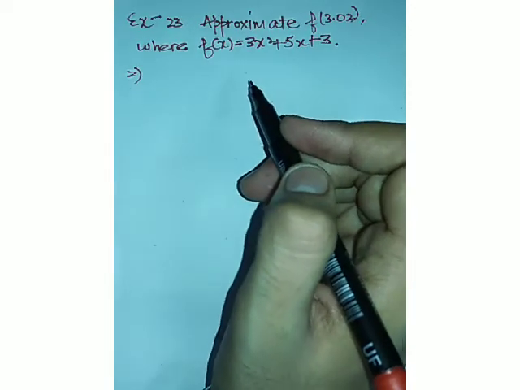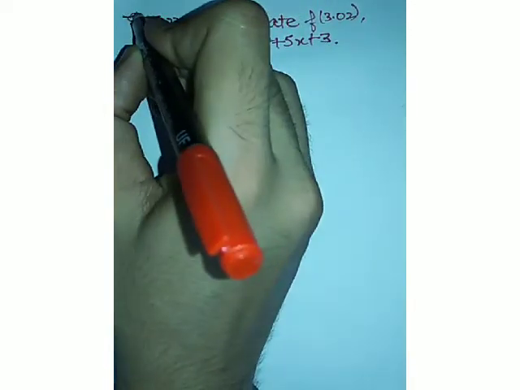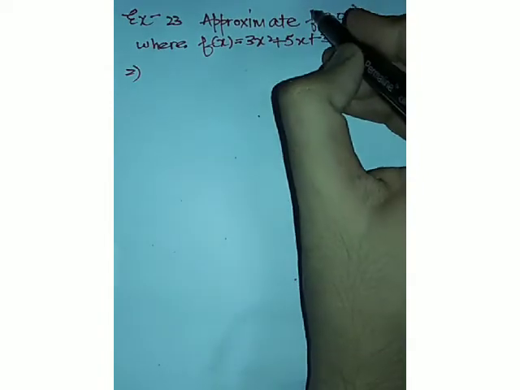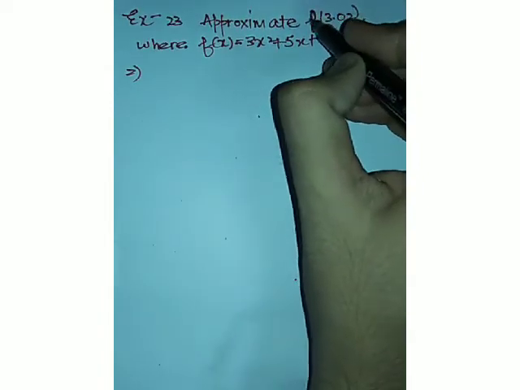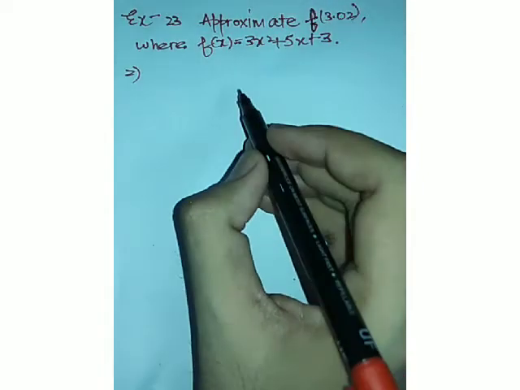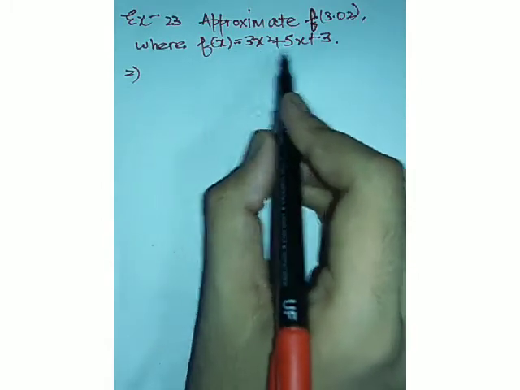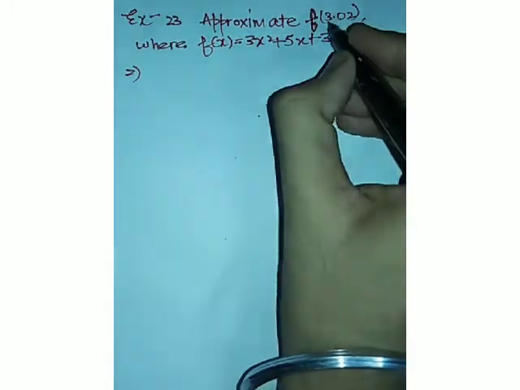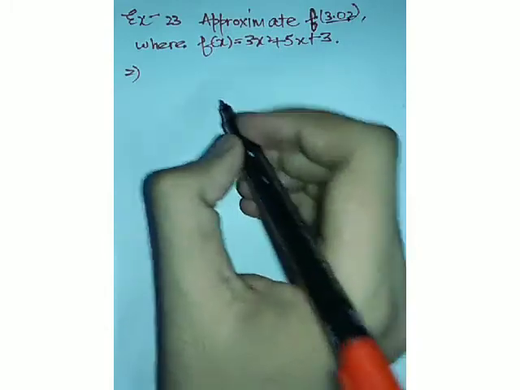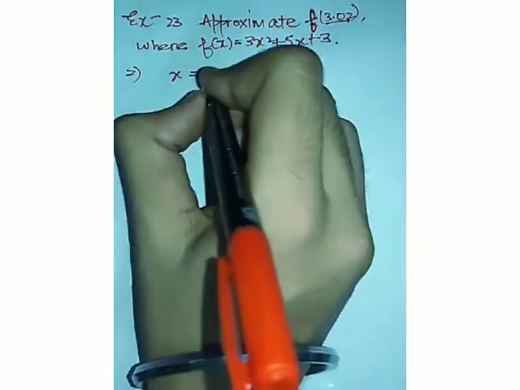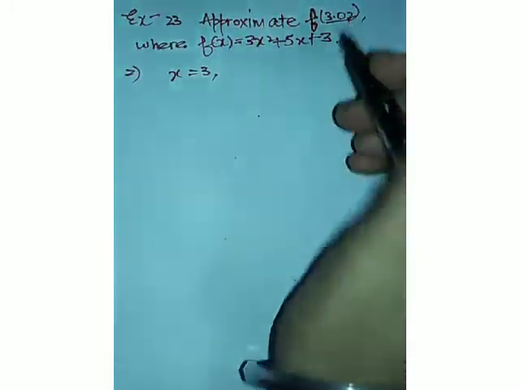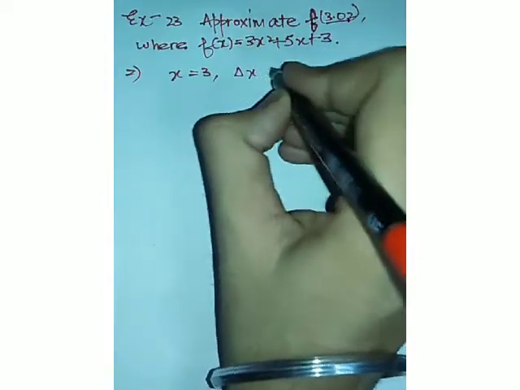This is our next example, example 23. We have to approximate the value of f of 3.02. It's a bit different from the rest of the examples, and f of x is given to be 3x square plus 5x plus 3. Firstly, we will split our number, that is x is equal to 3, which is the nearest number, and what will delta x look like?